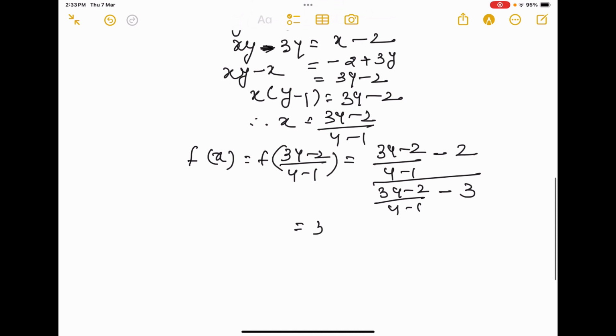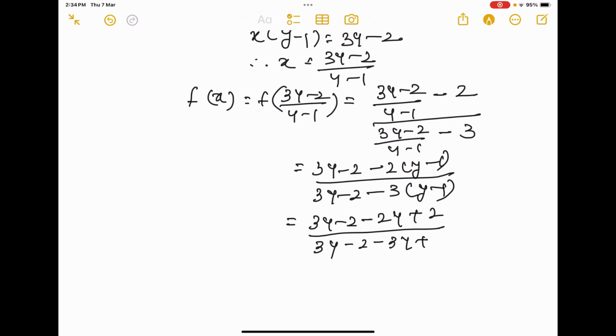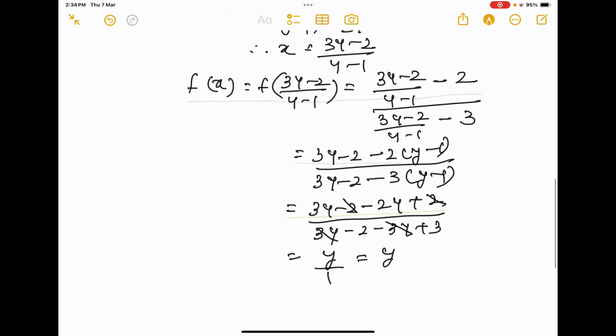That's equal to (3y minus 2) minus 2 into (y minus 1) by (3y minus 2) minus 3 into (y minus 1). Those denominators will be common, so no need to write. Then 3y minus 2 minus 2y plus 2 by 3y minus 2 minus 3y plus 3. Minus 2 plus 2 cancels, so it becomes y. Minus 3y plus 3y cancels, it becomes 1. That's equal to y. Therefore, f of x is equal to y.